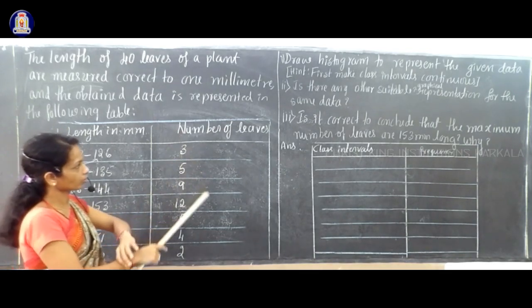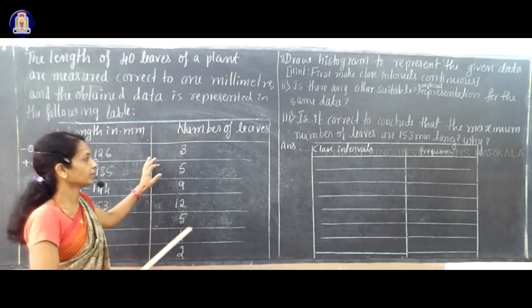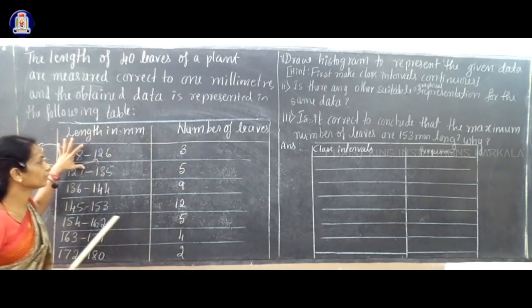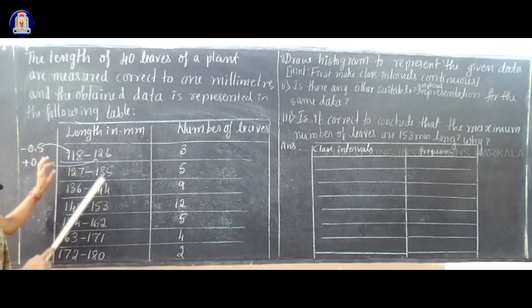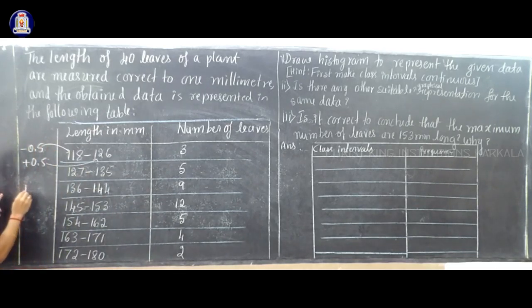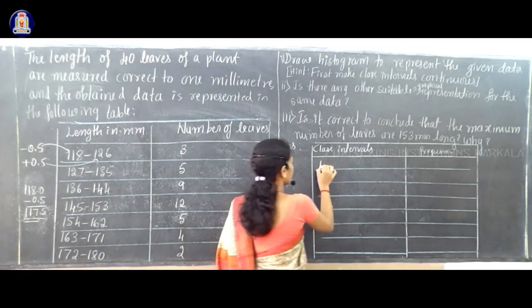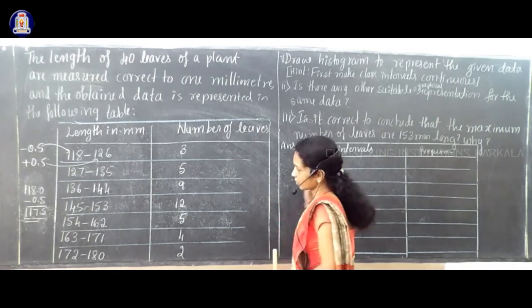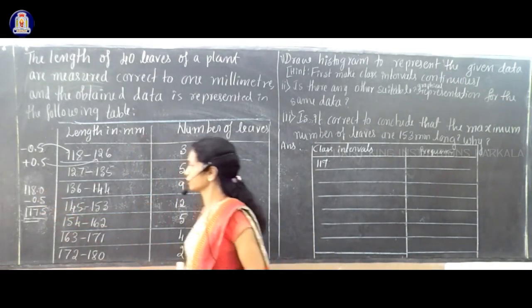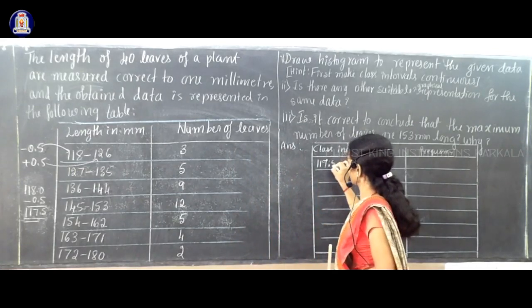In the next column you are given the number of leaves, which gives you the frequency of that class interval. Now, from the first number 118 you have to subtract 0.5. 118 means 118.0, and subtracting 0.5 we get 117.5.